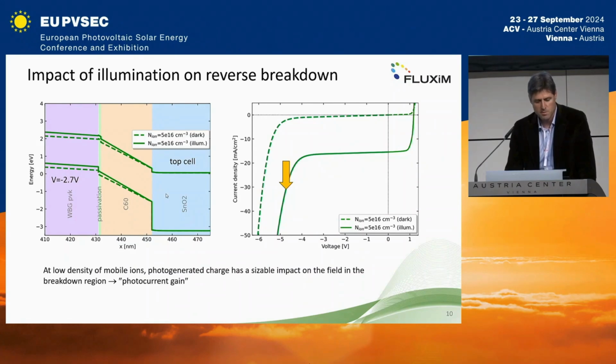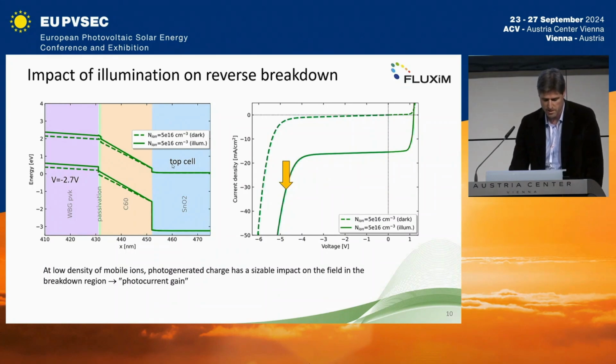So now first I want to look at the relatively low density of mobile ions and see the impact of the photo-generated carriers, because we also need the device characteristics under illumination. In the case of partial shading, a part of the cell is actually still illuminated.